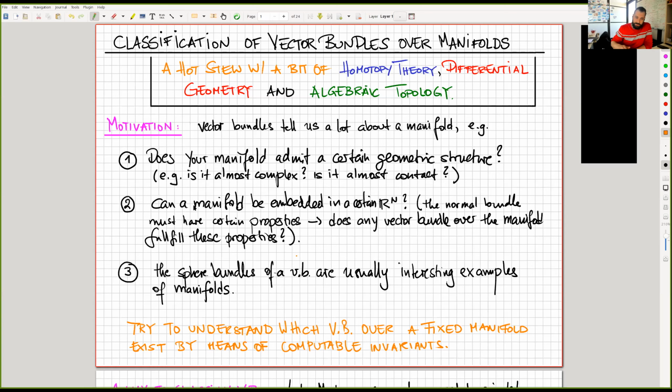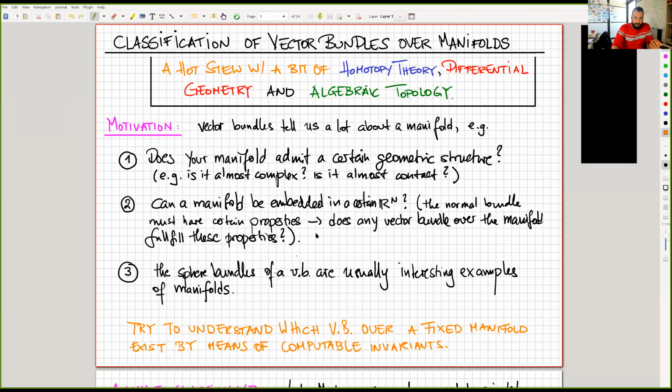And if you do this, you need a special kind of normal bundle of your embedding. So you embed your manifold there, and you want to push it lower, you need your normal bundle to be of special kinds. If you understand the vector bundles of your manifold and you see there cannot be such a normal bundle, then you know this manifold cannot be embedded into this specific R^n. So this is also a nice thing to know.